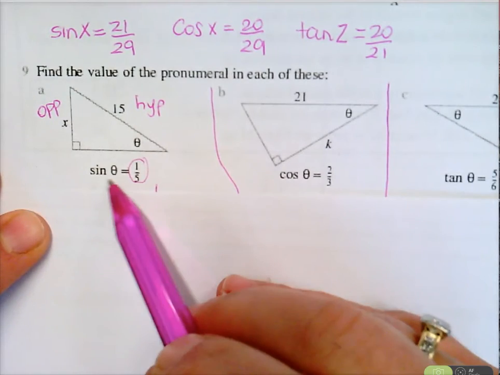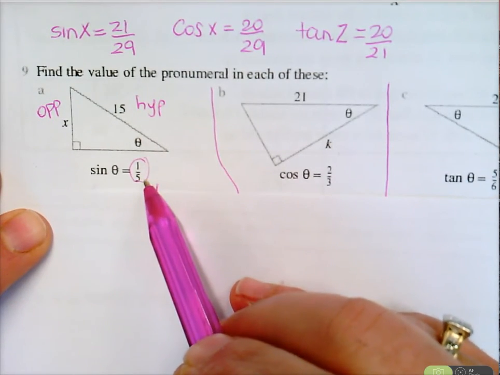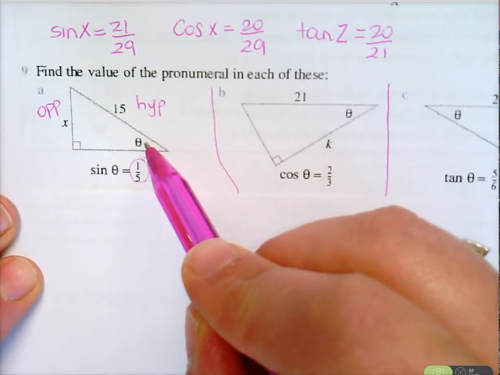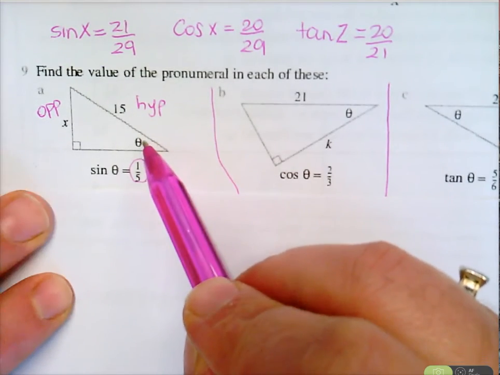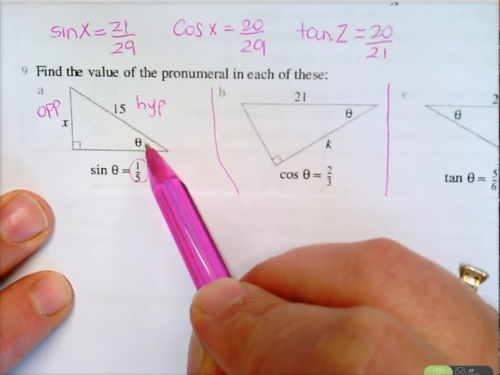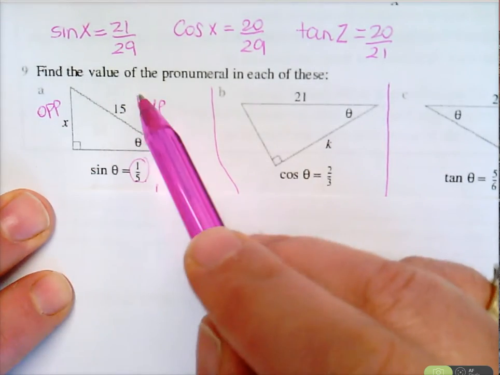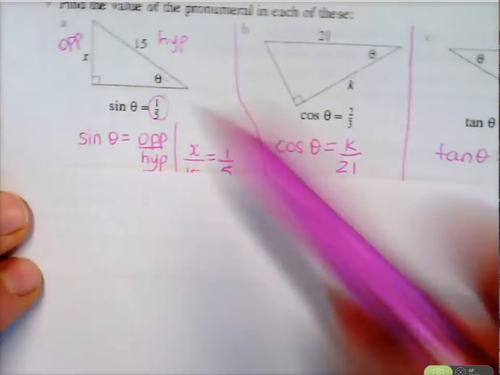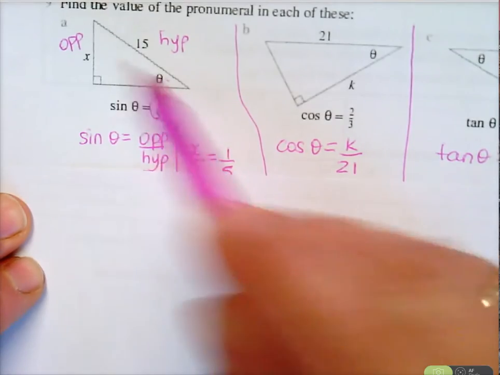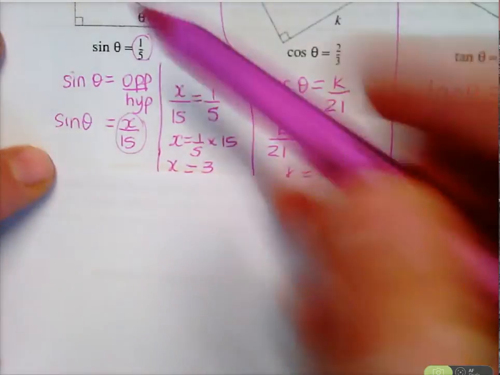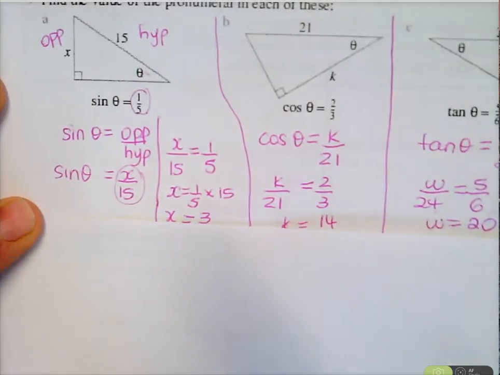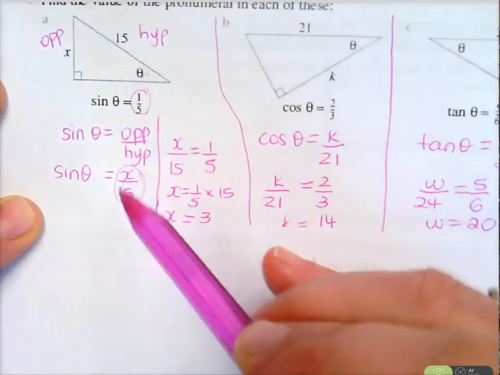They've told you that sine theta is 1/5. So what you should do is come up with another expression for sine theta. So here's theta. Sine theta is also x over 15. You know how sine theta is opposite over hypotenuse? According to my triangle, sine theta is x on 15.